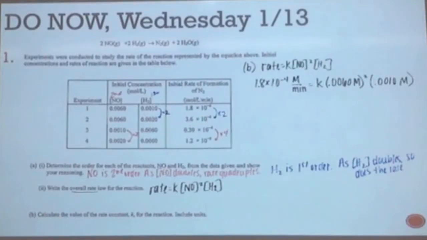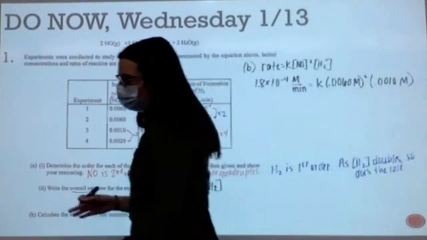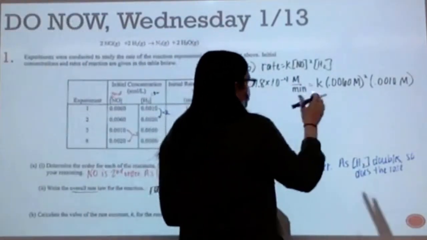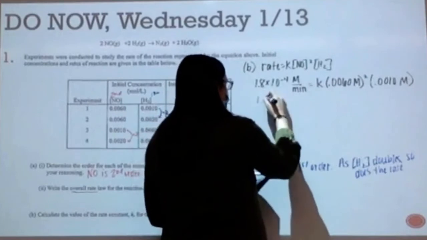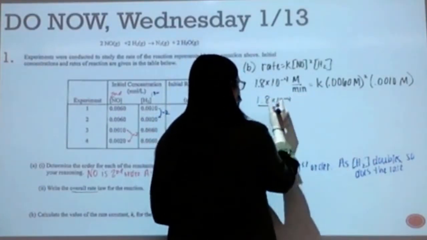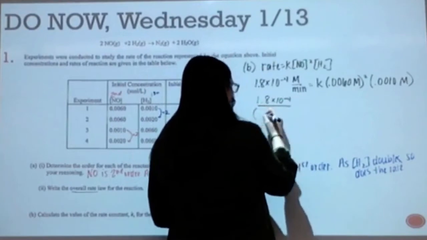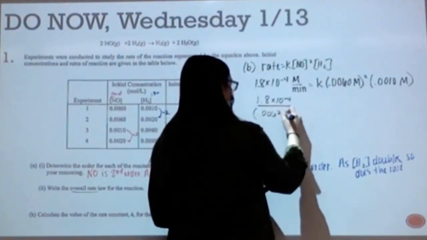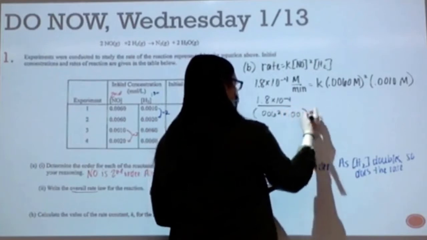For your response, you always have a calculator on. So if I multiply, right, and I'm going to just do it all at once. So this is what I'm going to put in my calculator. 1.8 times 10 to the negative 4th divided by the quantity 0.006 squared times 0.001.